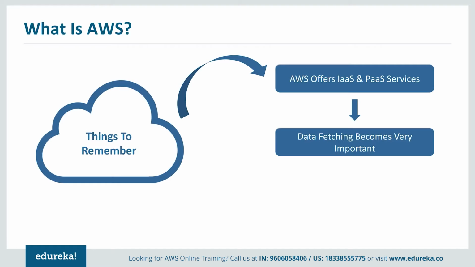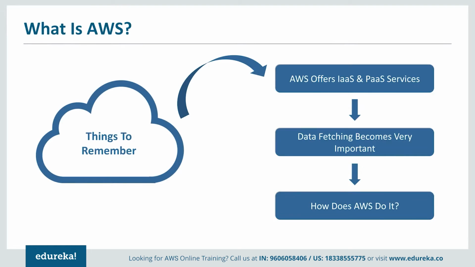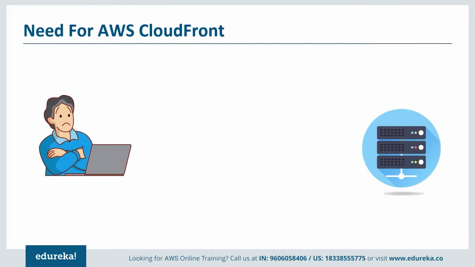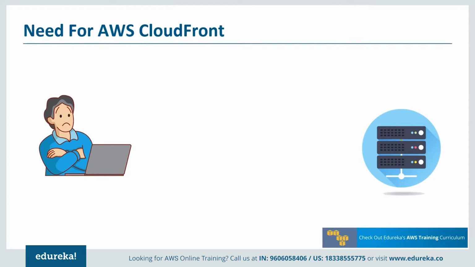Because if you have a website online, that website would be visited by quite a few people and they would be requesting particular content or data, right? So in that case, that data has to be made available to your customers. So how does it happen exactly and how does AWS make it happen? To understand that, consider this scenario. Suppose you are a user trying to visit a particular website, and imagine that website is based somewhere at a very far location.